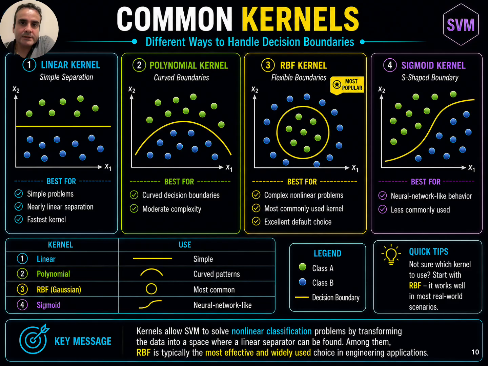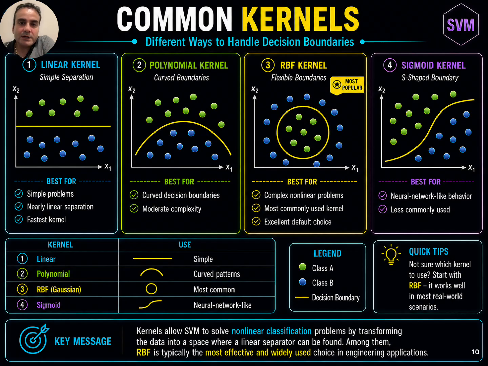Different kernel functions allow SVM to model different types of decision boundaries. The linear kernel is suitable for relatively simple problems with nearly linear separation. The polynomial kernel creates curved boundaries and can capture moderate nonlinear relationships. The radial basis function, or RBF kernel, is the most commonly used kernel because it can model highly complex nonlinear patterns and generally performs well in many engineering applications.